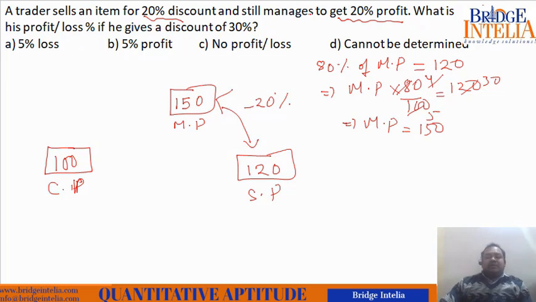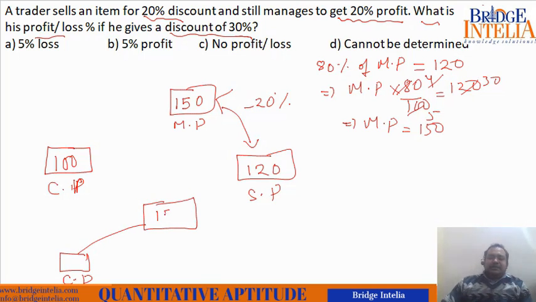Now coming to the second part of the question. What is his profit or loss percent if he gives a discount of 30%? In the first case, he was giving a discount of 20%, but now the question wants you to calculate what if instead of giving a discount of 20%, he gives a discount of 30%.